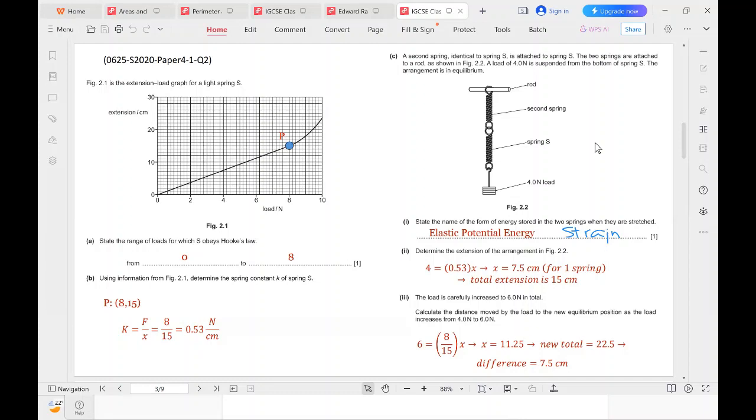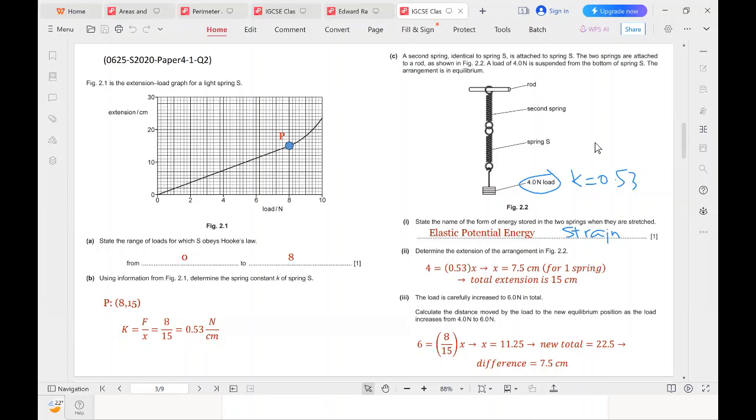Determine the extension of the arrangement. In this case, we have a spring pulling another spring. Since the spring constant is 0.53 and the force is 4 newtons, the extension is going to be 15.